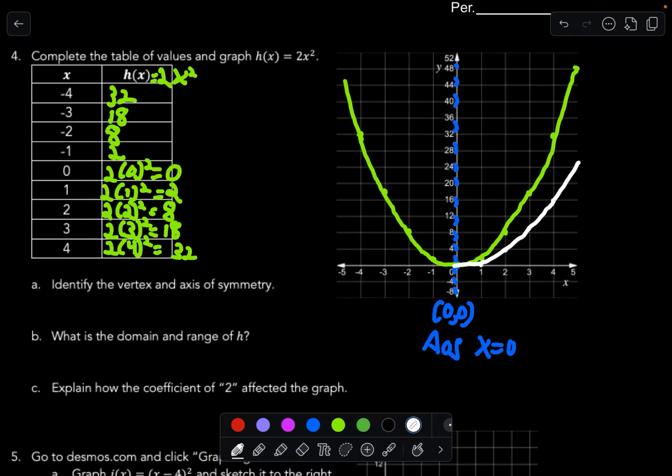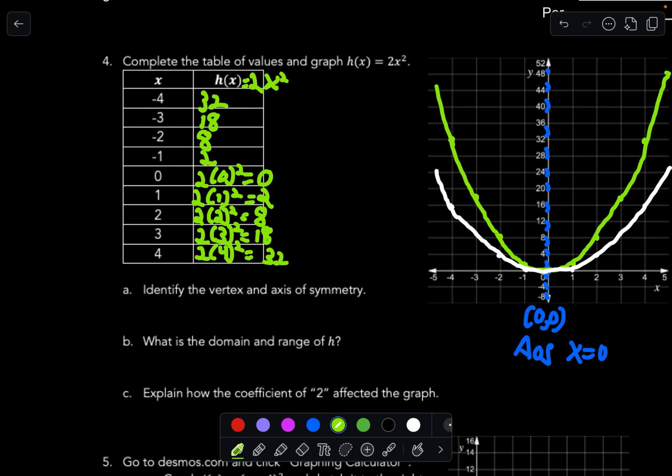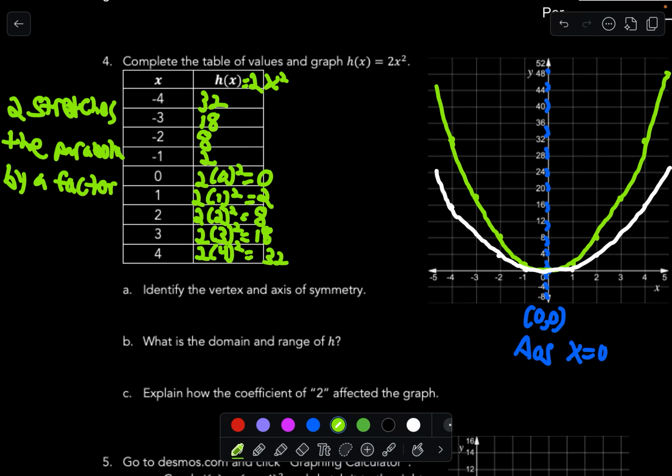And the same idea on the other side. And you see that the 2 stretches the graph, the parabola, by a factor of 2.